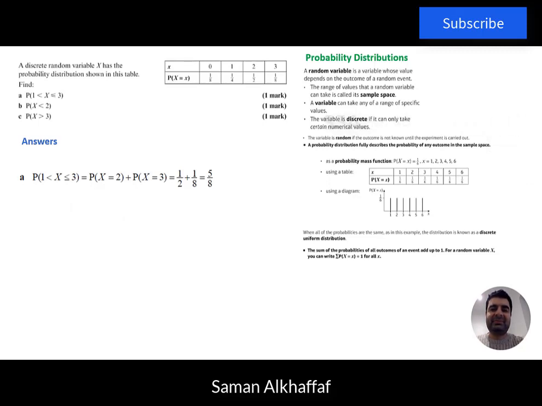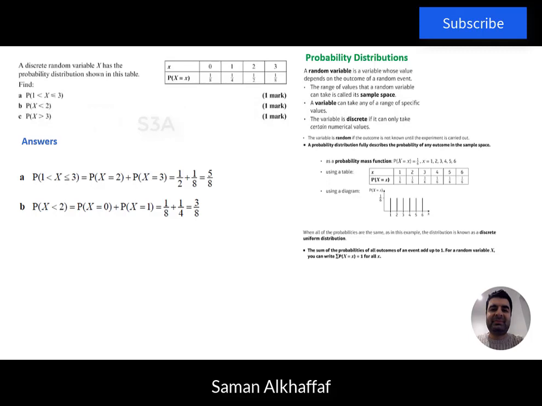For part B, we'll take the probability when X is smaller than 2. That will be when X is either equal to 0 or X is equal to 1.